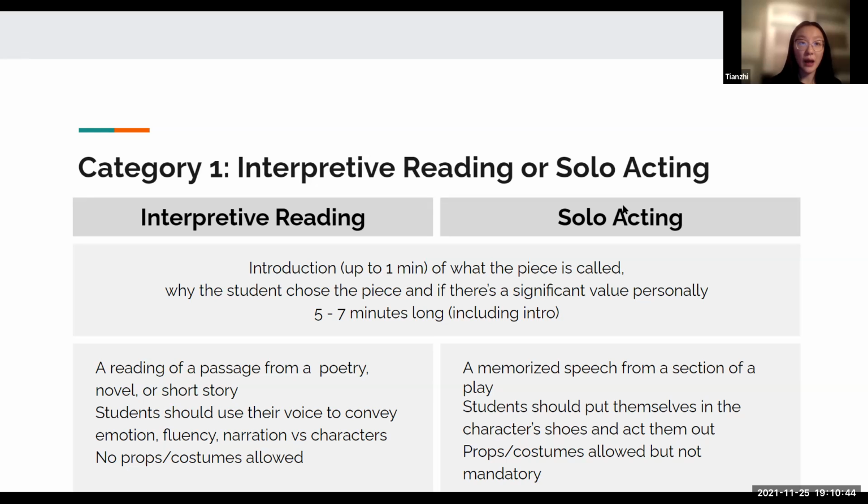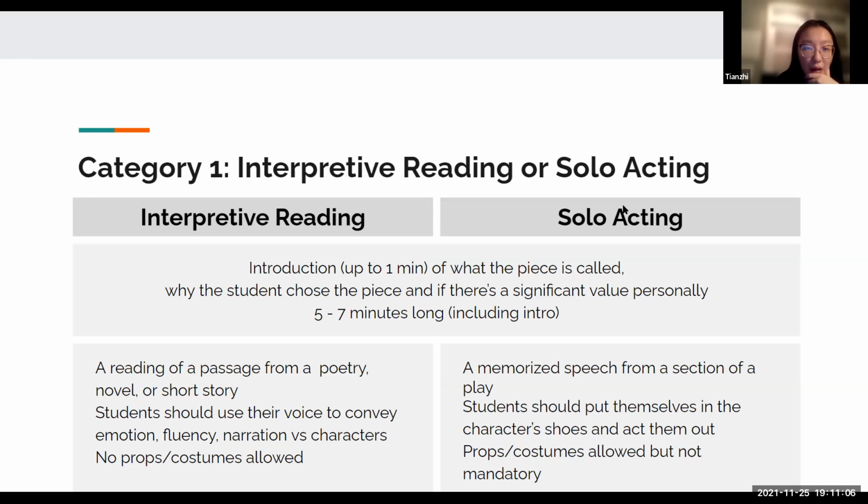Because in solo acting, it is more drama focused, you are allowed to have props and costumes. It is not mandatory, but if you do want to dress up as that character, you are allowed to. So solo acting, more drama focused; interpretive reading, less drama focused. That's the difference between these two.